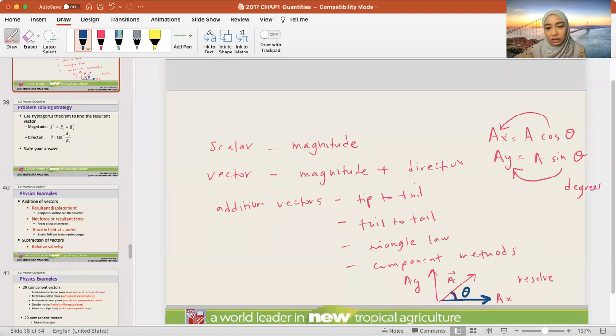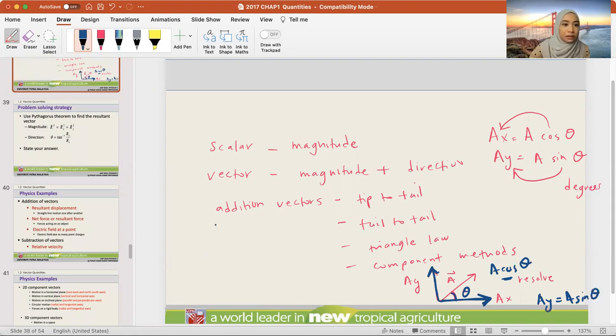So A vector, that angle, when I say A cosine theta, I am resolving into something that is touching the angle, specifically for cosine. Okay, bear with me first. Okay, and then Ay is not touching the angle, right? So Ay is A sine theta.